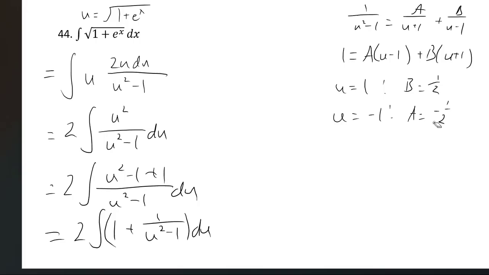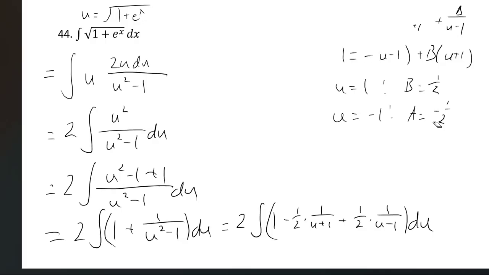And now we can write this as 2 times the integral of 1 minus half times 1 over u plus 1 plus half times 1 over u minus 1 du. Let me erase all this and start integrating it.